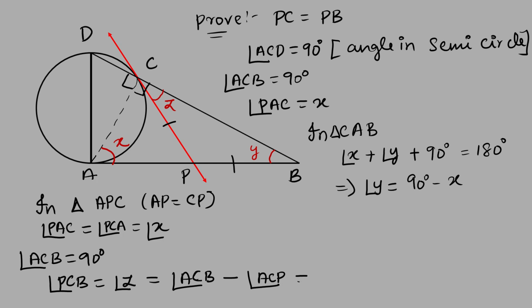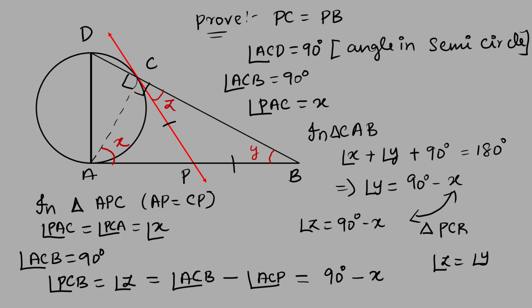That is angle ACB is 90 degree minus angle ACP, which is nothing but PCA, which is equal to X. Okay, now we have proved that angle Z is also 90 minus X. So from these two we can say angle Z is equal to angle Y. And now in triangle PCB, we get angle Z is equal to angle Y, which makes PC equal to PB.